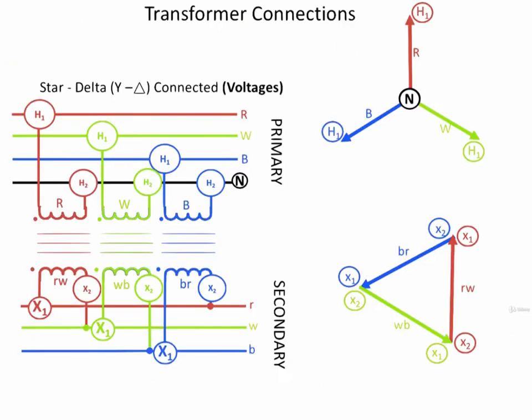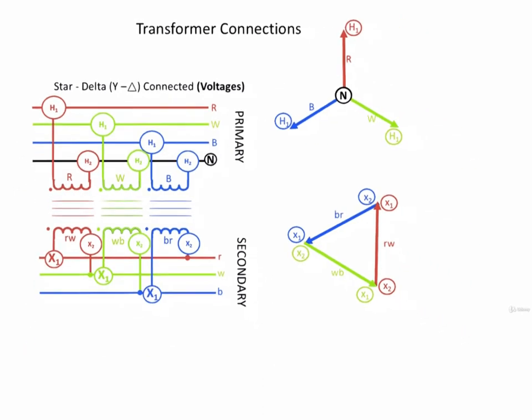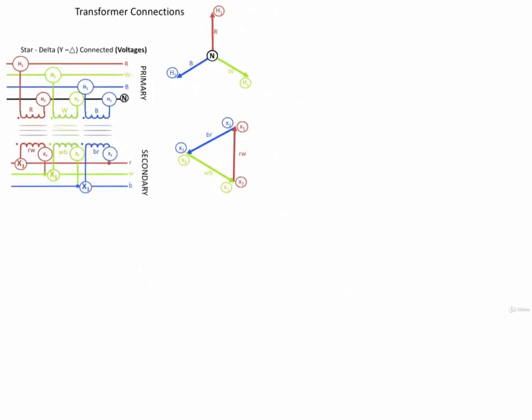I'm switching back now to the voltage diagrams for this transformer because I want to go forward and develop a per phase and a per unit equivalent circuit for this transformer.